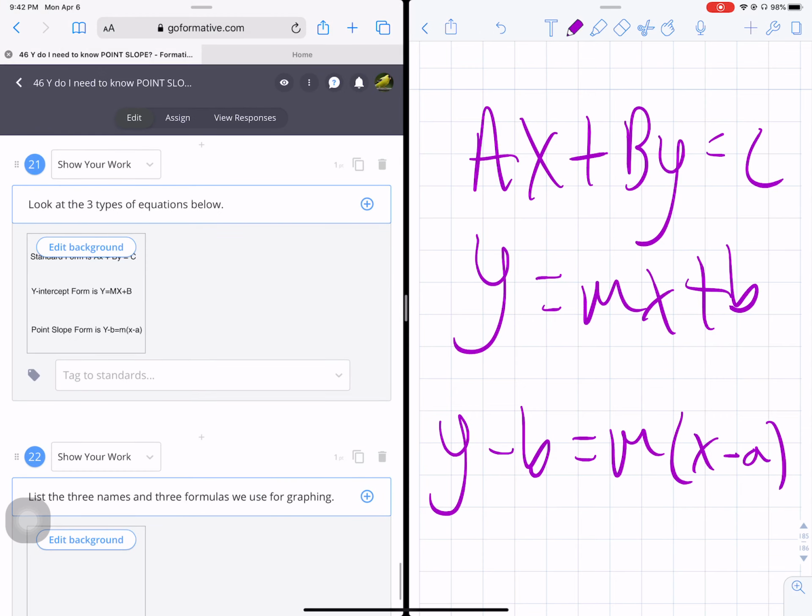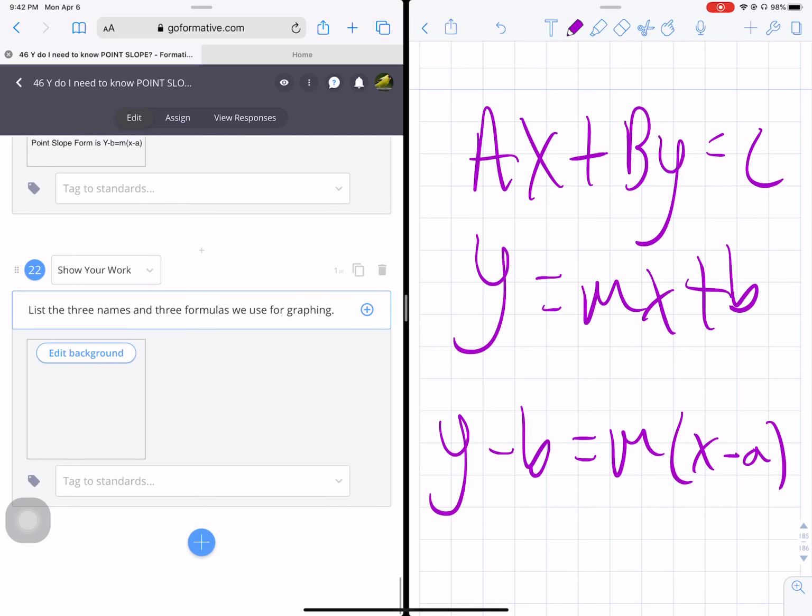Now this is just an introduction for point slope. And there will be a follow-up to this lesson. It will be part 2, for why we need to know point slope. And it'll be the 51st GoFormative that I make for this section.